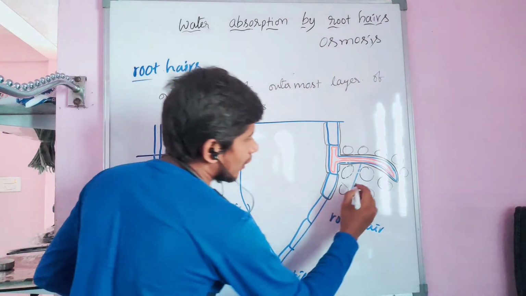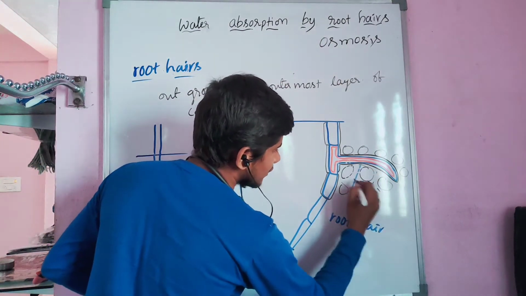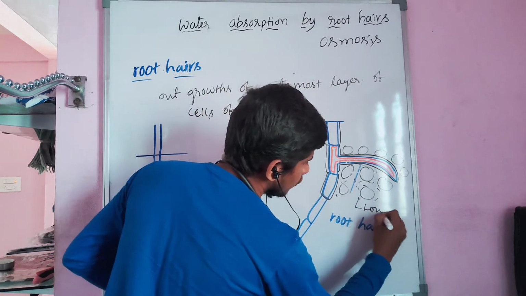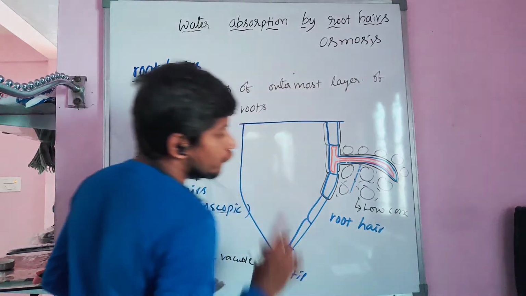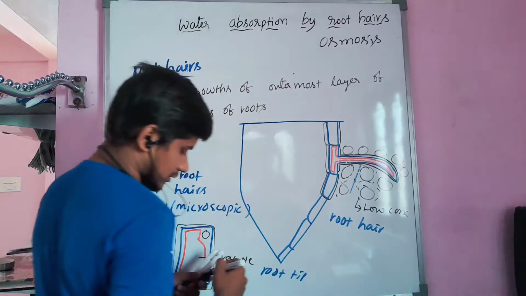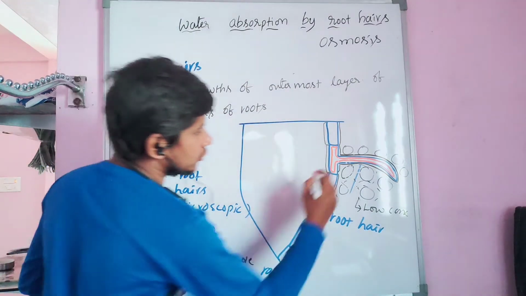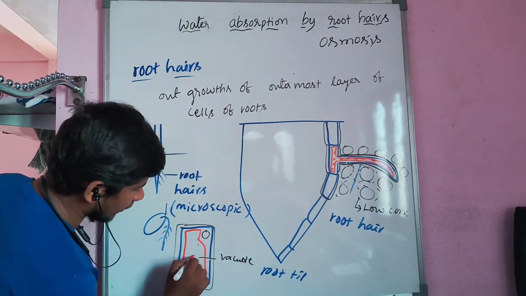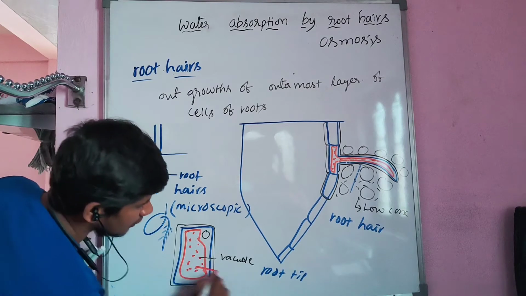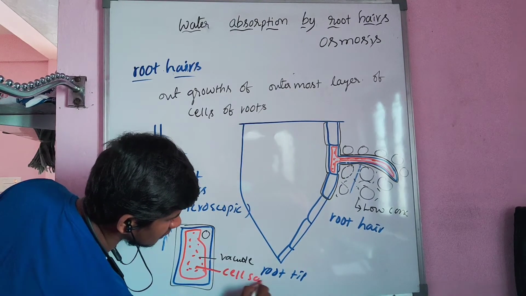The water in the soil is a low concentrated solution. It has a low concentration when compared with the cell sap of a vacuole. The vacuole contains a liquid called cell sap. What is cell sap?